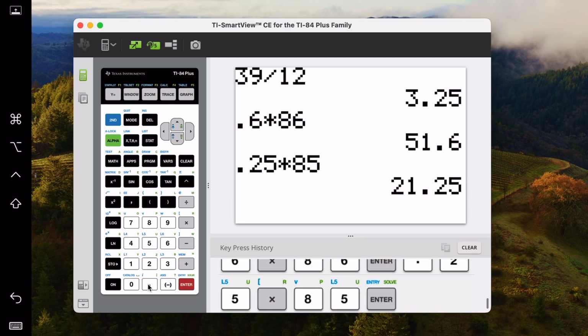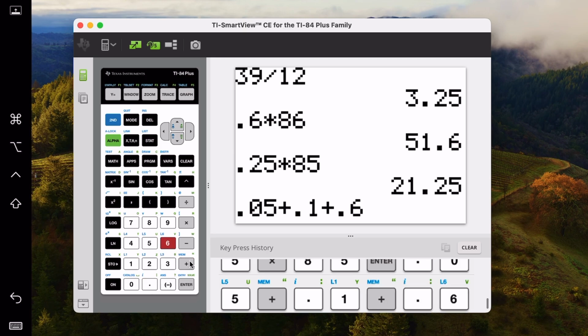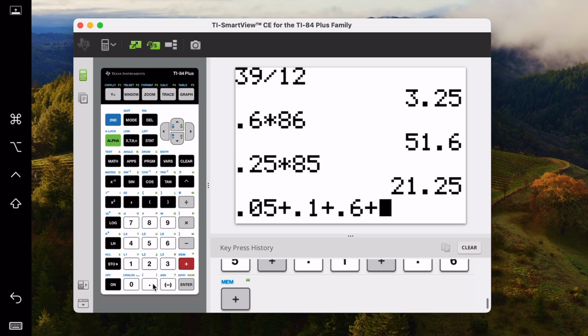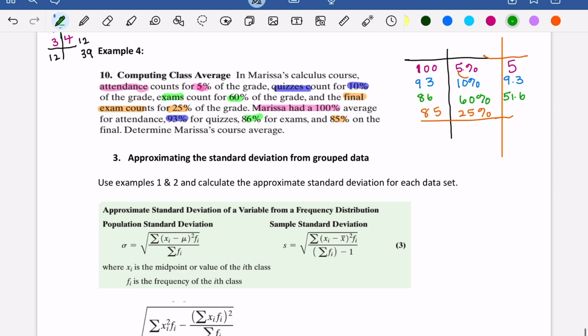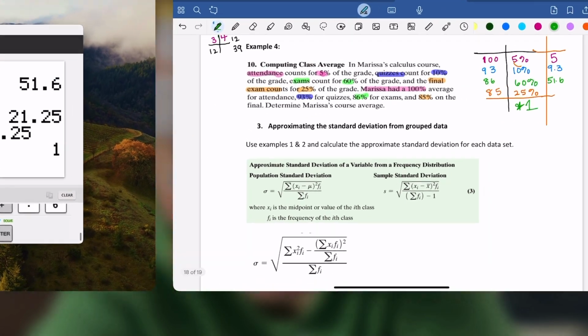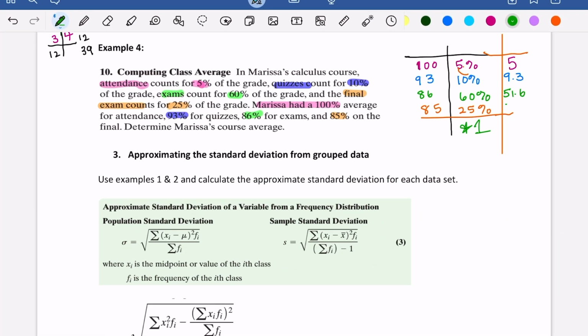Now, keep in mind, 5% plus 10% plus 60% plus 25% equals 1. Okay, that's going to be important. So here we ended up with 21.25 points. And then we have to add those to get our final score.